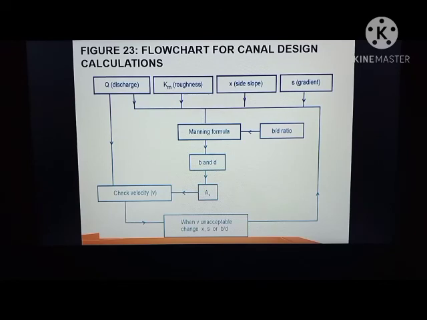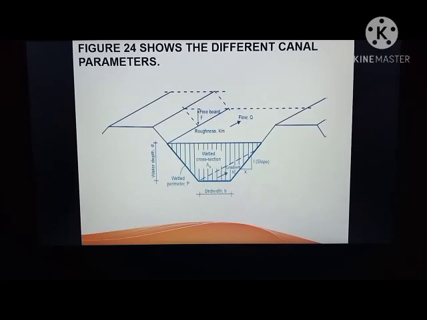Flowchart for canal design calculation. This is the chart on how we calculate a canal design. In here it shows the different canal parameters.